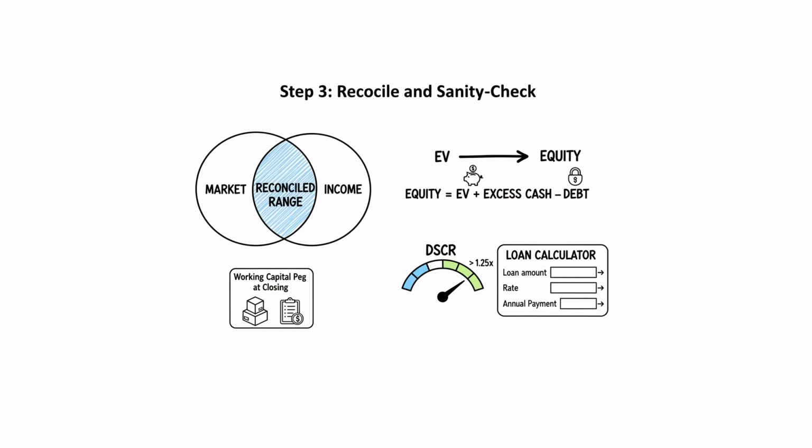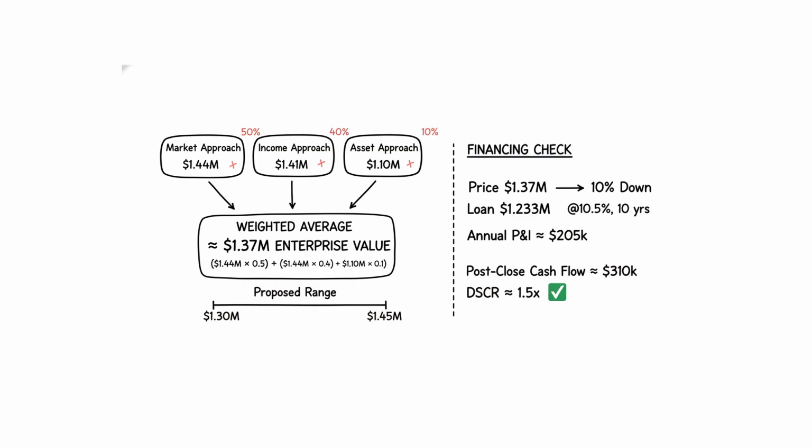Let's run the numbers using our example. We normalize to SDE 450K and EBITDA-like cash flow 360K with 50K maintenance capex, modest 3% growth, and moderate risk. Market approach: SDE times 3.2x equals EV 1.44 million. Income approach: 310K divided by 22%, approximately 1.41 million.